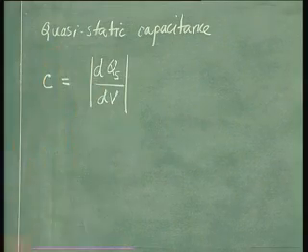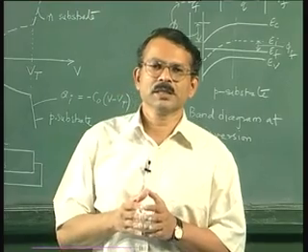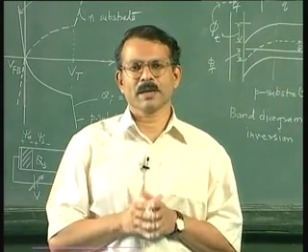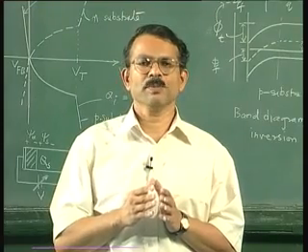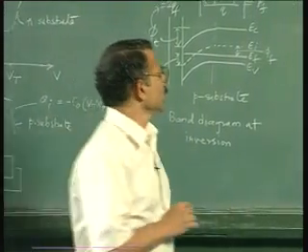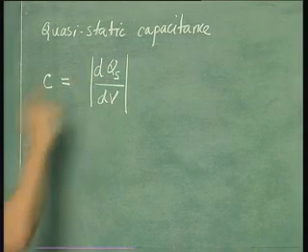The quasi-static capacitance, if you recall in the context of PN junctions, was also the small signal capacitance. So quasi-static also means a small signal capacitance at low frequencies, because this Q versus V corresponds to DC conditions.